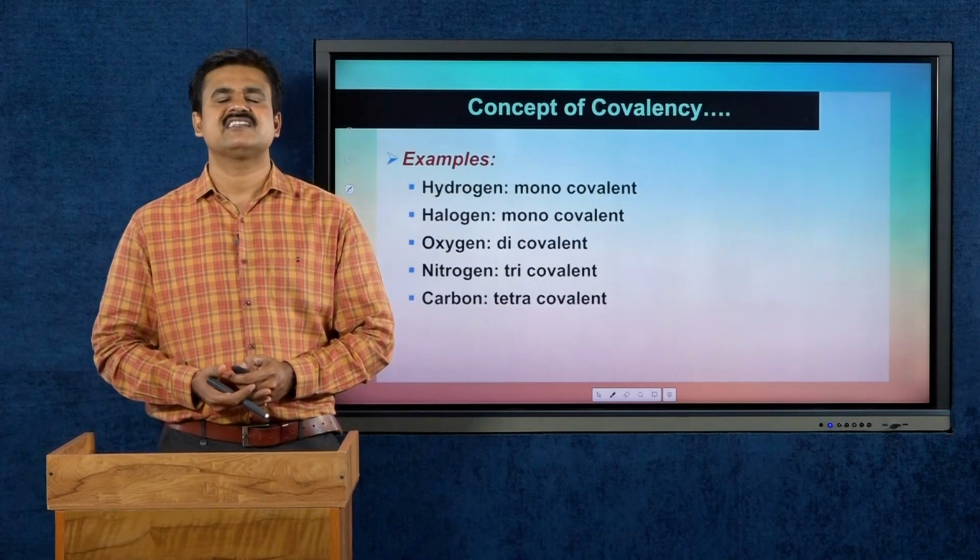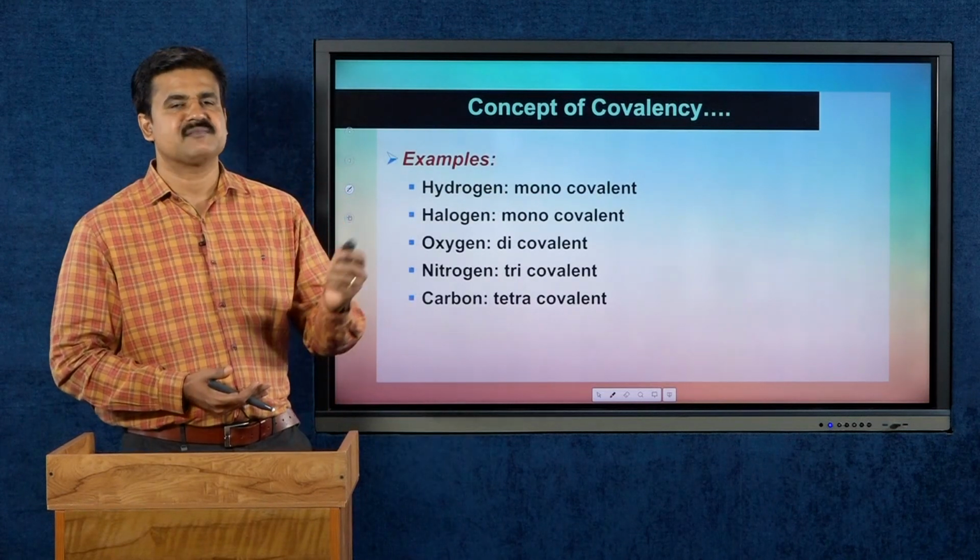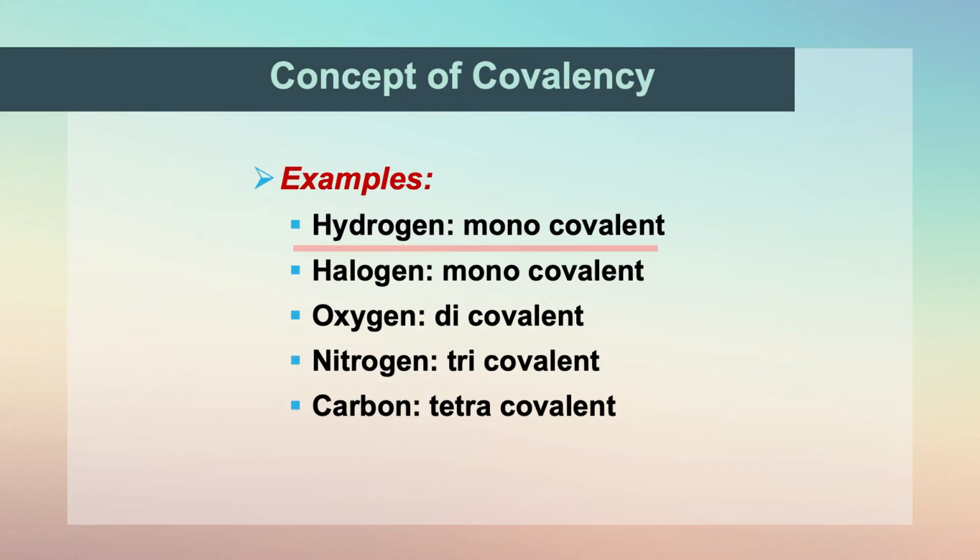We can illustrate the concept of covalency by taking some examples. Hydrogen has only one valence electron, so it can form a single bond, so it is said to be monocovalent. Halogens have 7 electrons in their valence shell. They can attain octet by getting one more electron, so the covalency of halogen is also 1, or they are said to be monocovalent.